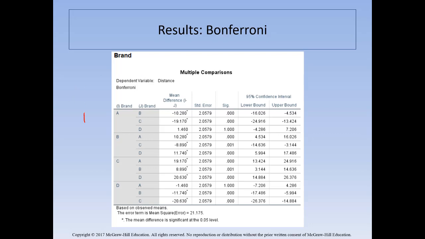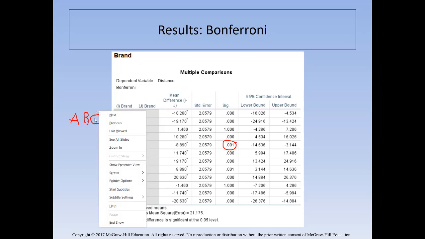We have B, and it's bigger than A. And C is much bigger than A, and C is much bigger than B. And you can see this is also significant. So C minus B is 8.889, so C is bigger than B, and this is significant. So we're going to put C up here.